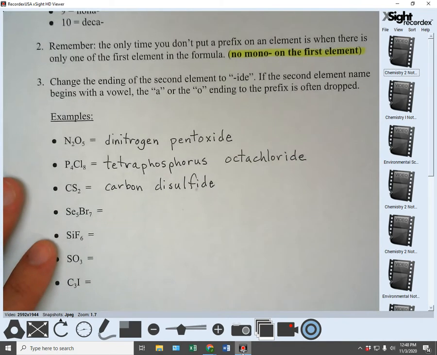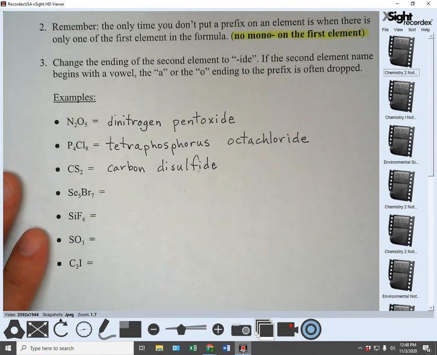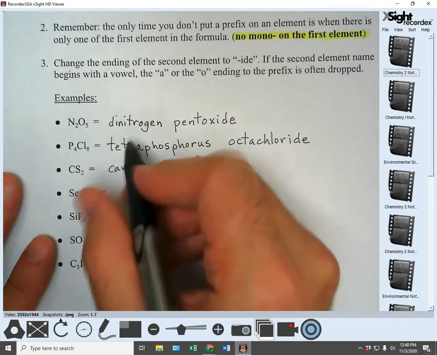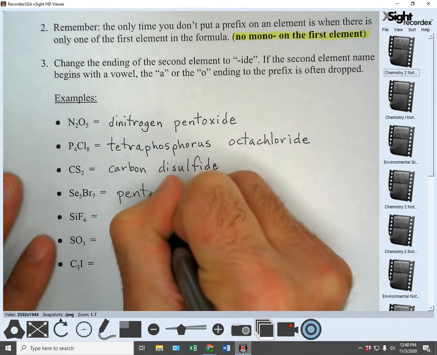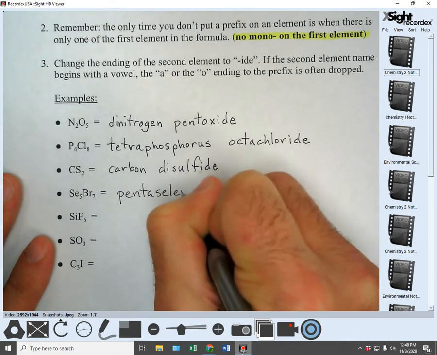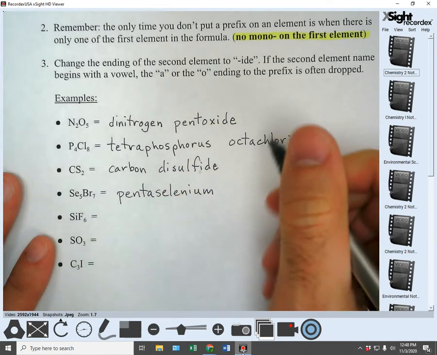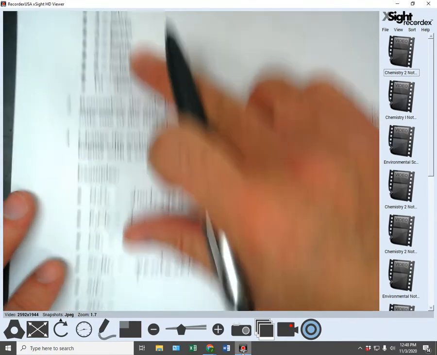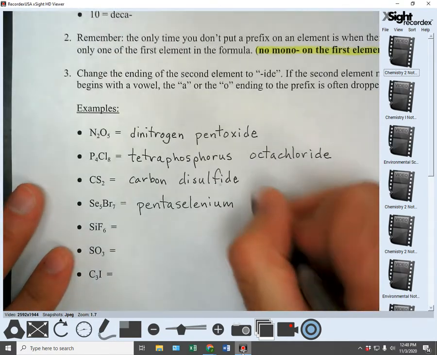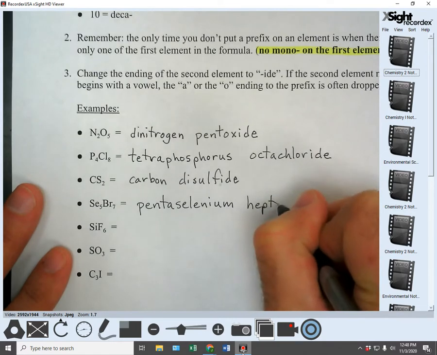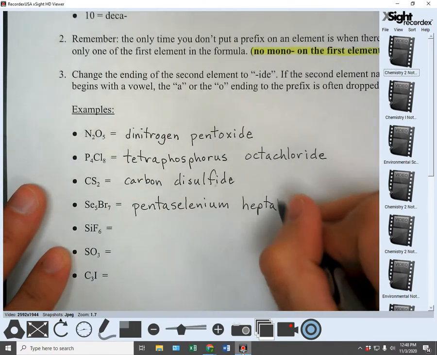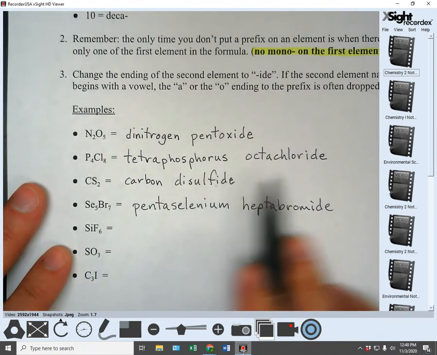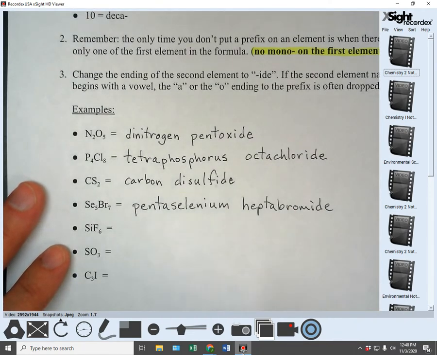All right, next one. 5 is penta, that's selenium. 7 is hepta, and that's bromine. So bromine turns to bromide. Remember, you're only changing the ending of the second element to IDE, not the first.